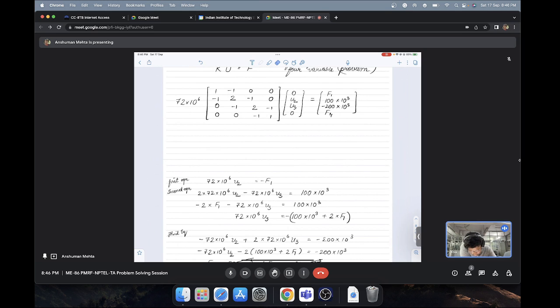So this is minus 72 equal to this 0, and then this 2 u2 equal to okay, and from that we found out the value of u3.